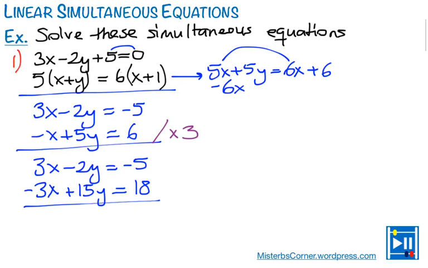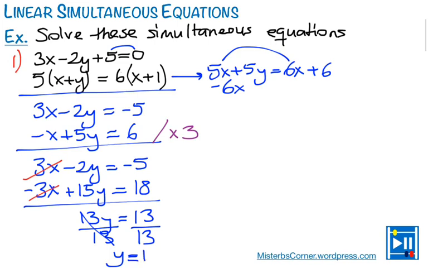Right, and obviously if I add the equations side by side, I'm going to have the x's cancelled out, and I'll also have 13y, 15 minus 2, equals 18 minus 5, 13, which is nice because when I simplify, get rid of 13, I'll have y to be 1.